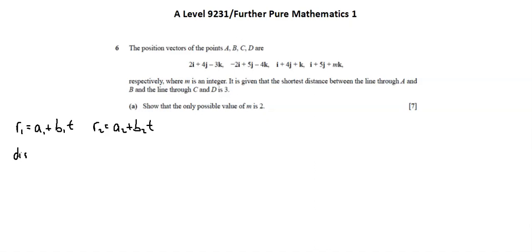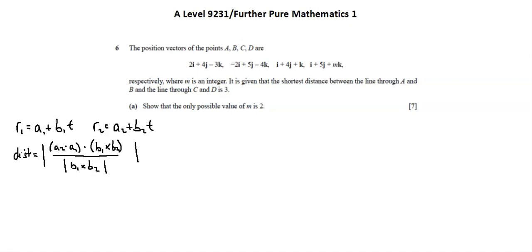The shortest distance between these two lines is the absolute value of the ratio of the difference between the position vectors, a2 minus a1, dotted with the vector product of the direction vectors b1 and b2, in the numerator. In the denominator, the magnitude of the vector product of the direction vectors b1 and b2.